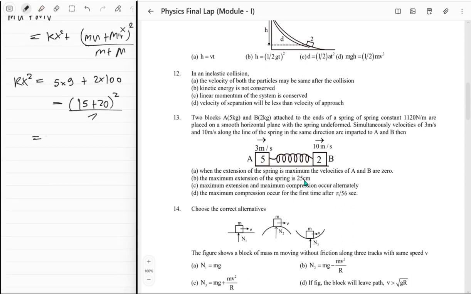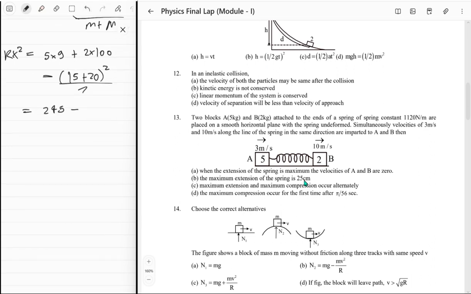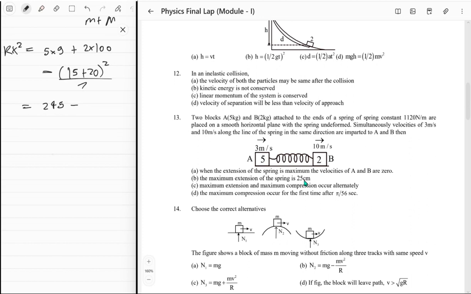This is going to be equal to 5 times 9, so 45, plus 200, that's 245, minus 35 squared upon 7, so 35 times 5, which is 175. That's equal to 70.